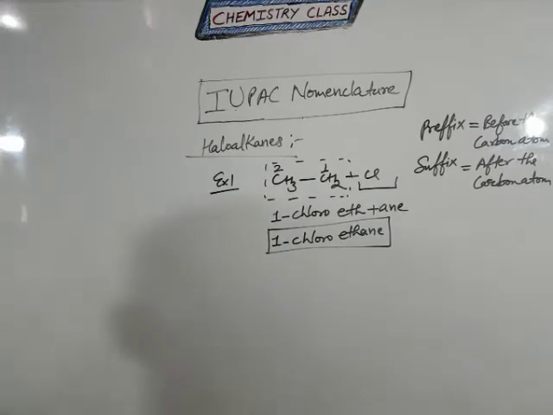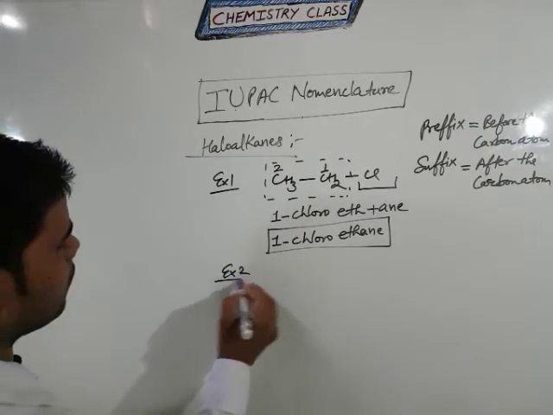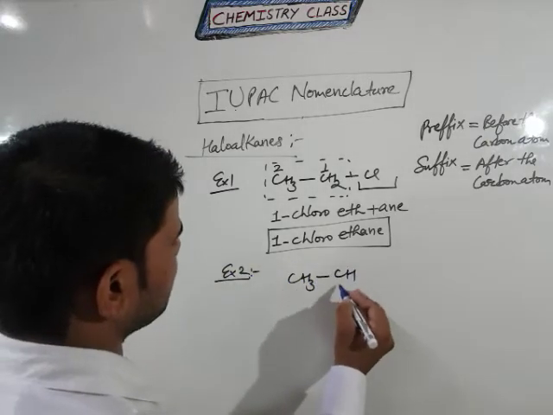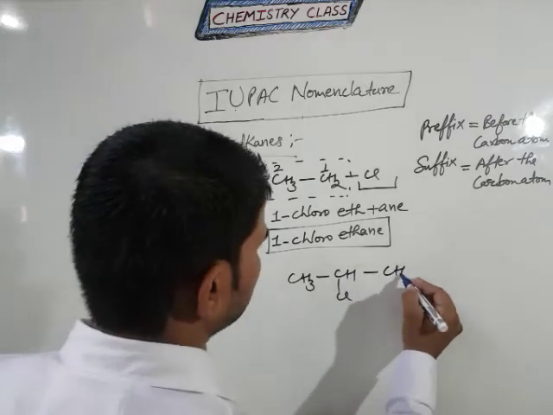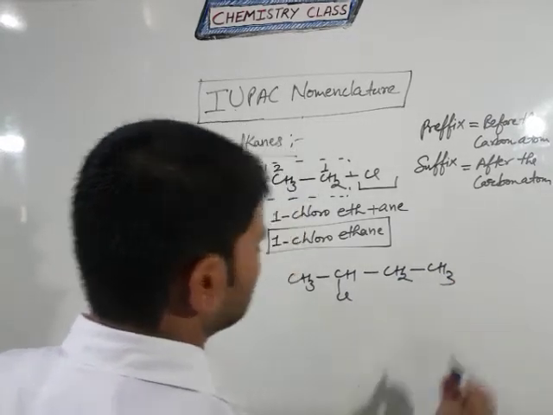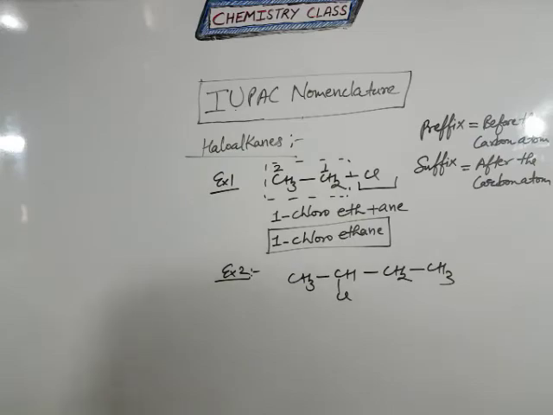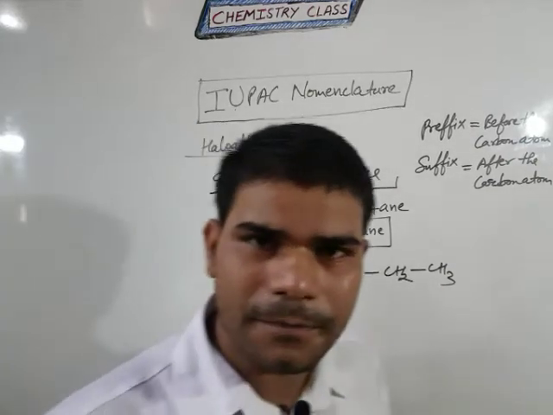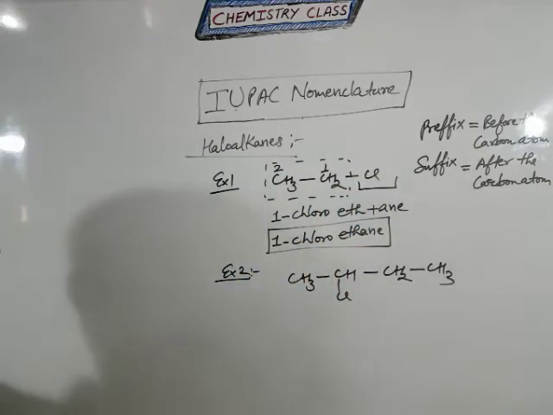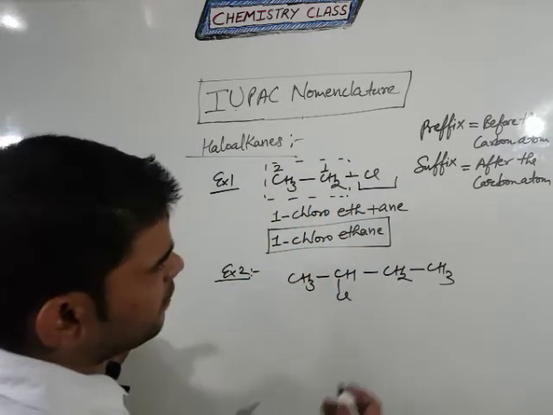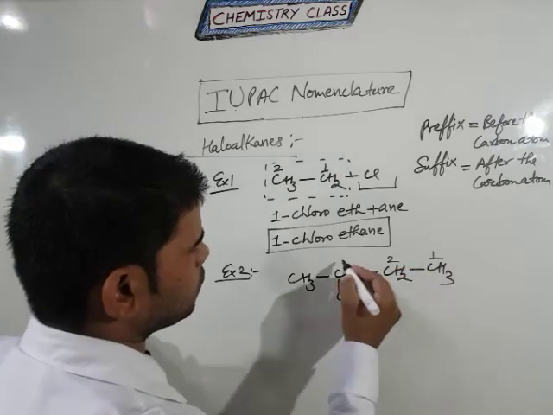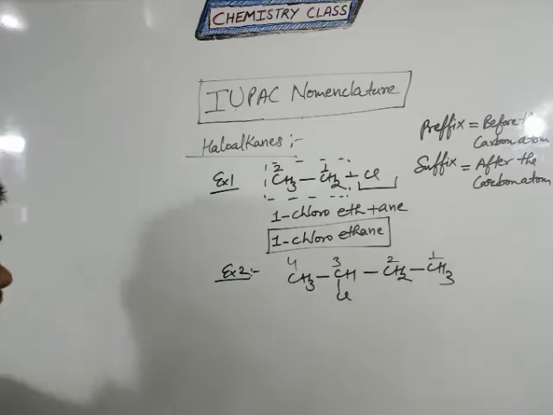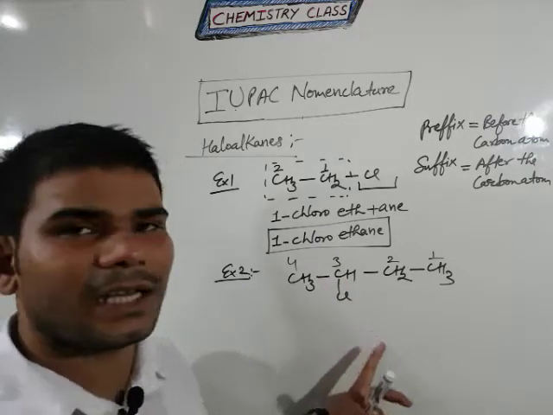Now come to the second example. If we take the example CH3, CHCl, and single bond, CH2 and CH3. Clear? So what is the criterion for counting this type of carbon series? Students, if you count from here, 1, 2, 3 and 4, you can see the third carbon atom has the halogen group.